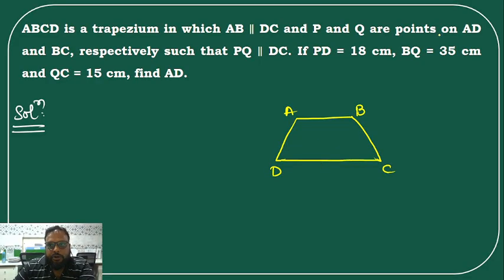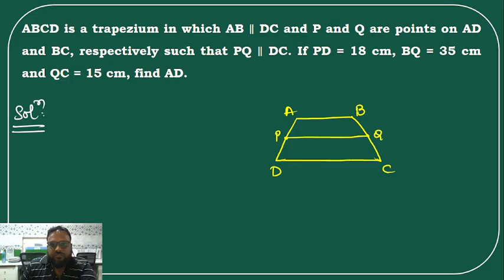P and Q are the points on AD and BC. Here you have one point as P and this as Q, such that PQ is parallel to DC. So we are joining the line PQ, which is parallel to DC. This is already given.